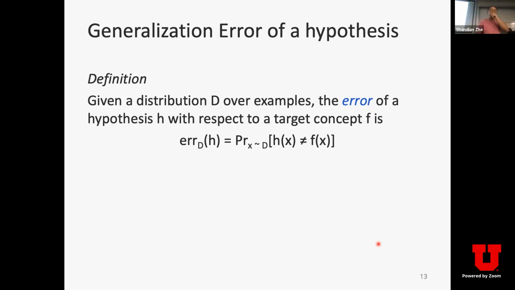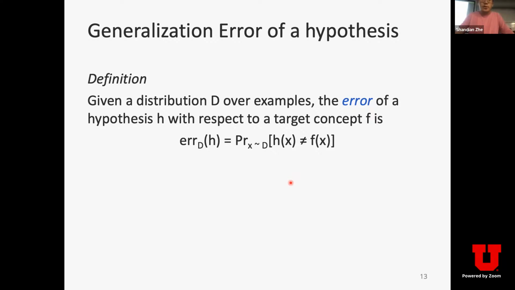The generalization error is defined as the probability that, for any instance coming from this data distribution D, the prediction made by the hypothesis is wrong. That's it. It's just the probability you make a wrong prediction on any instance drawn from your data distribution D.